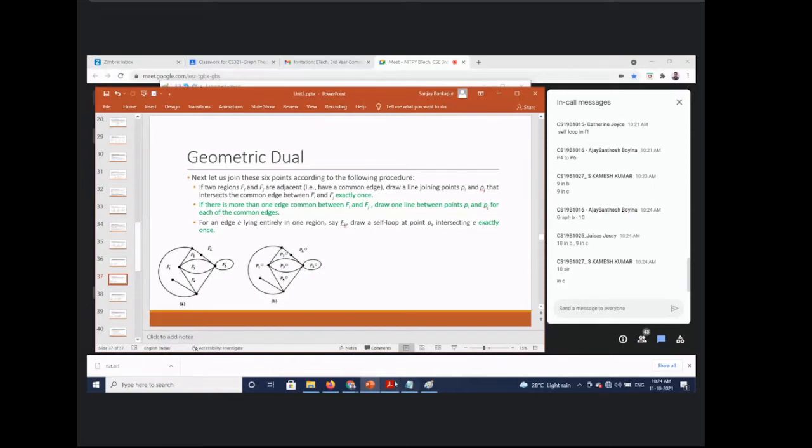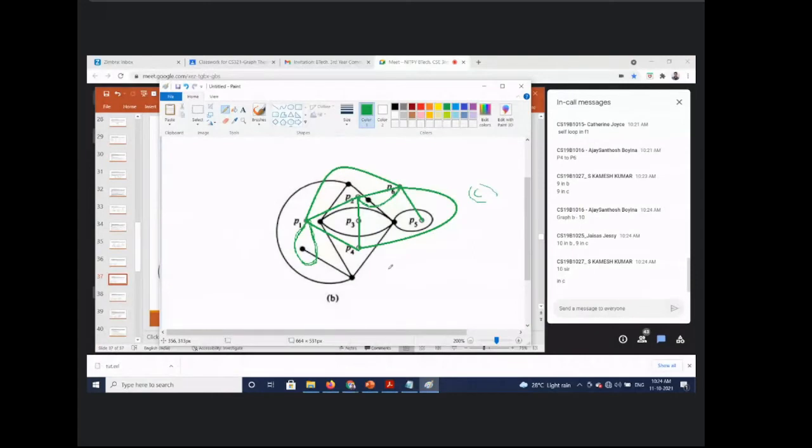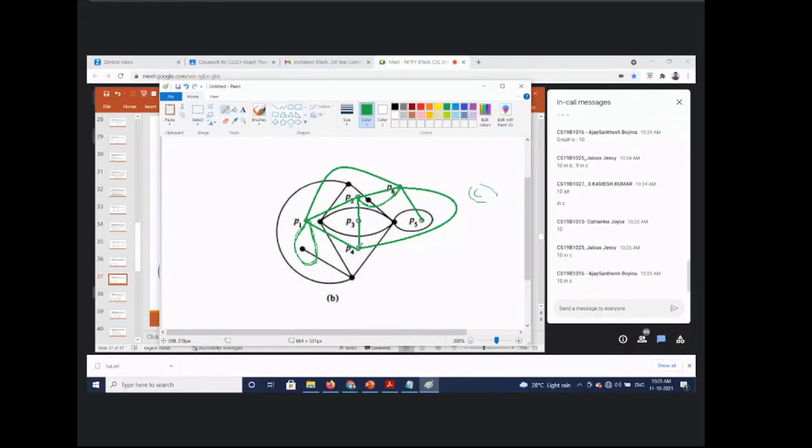Now the question is, how many edges came in our geometric dual? With respect to point P1, I will try to count the edges: 1, 2, 3, and 4 here. Okay, yeah, correct, 4. Now from this side, this one edge, 5, 6, and 7.